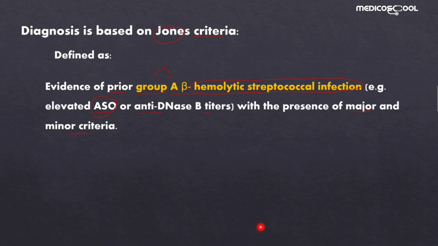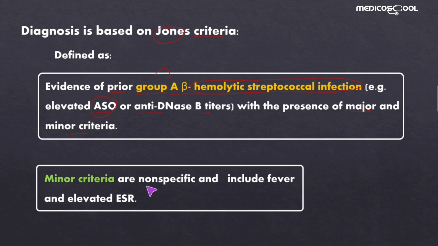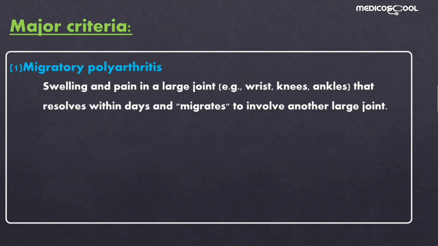So what are the major and minor criteria? The minor criteria are non-specific and include fever and elevated ESR. What are the major criteria? The major criteria include migratory polyarthritis. And what is migratory polyarthritis?